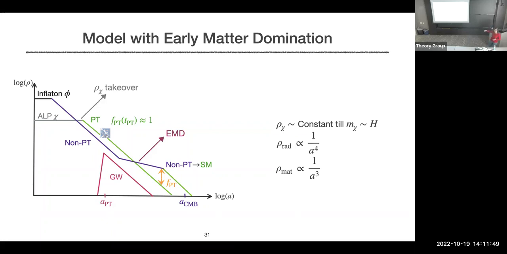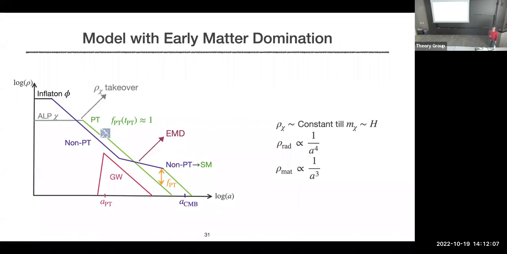You can of course have some small couplings bigger than that, which can change the amount of matter domination you get or when you reheat. But I'm saying that you can build a model.